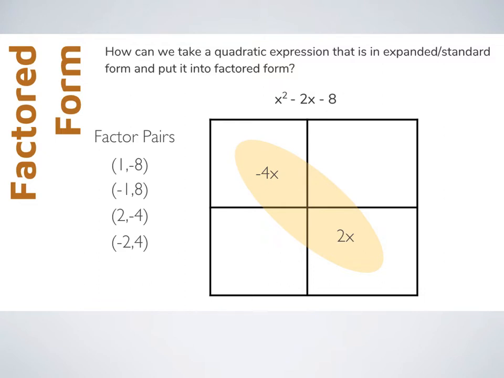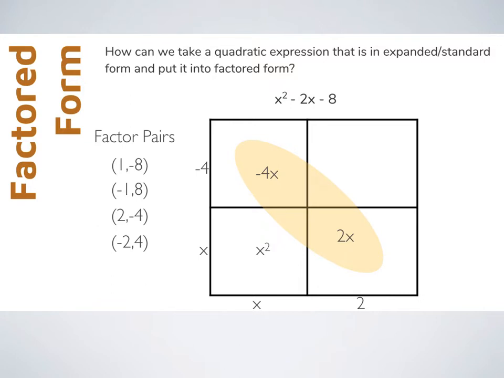So how does that actually work out? Well, I still know that I need x times x to give me x squared. Then I'm going to need the -4 to give me -4x, and I'm going to need the +2 to give me +2x. So x times x will give me x squared.